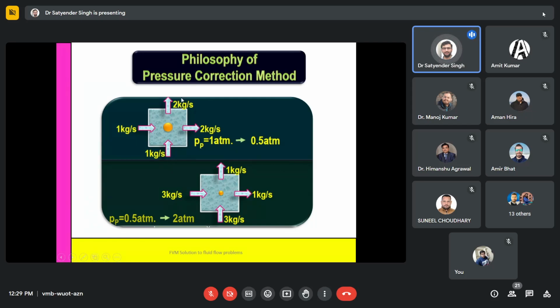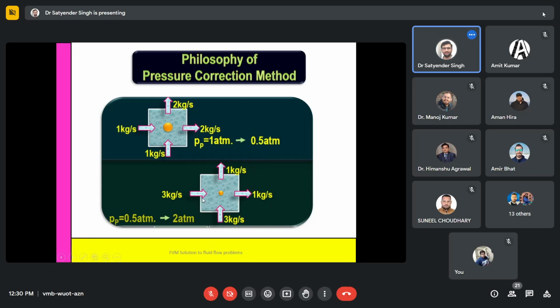But by calculating the new values for u and v velocity, it is 2 kg per second. So the continuity equation will not converge by considering this pressure value as a guess. So we need to go for another value of the pressure. We will keep on doing this until we get continuity converged.